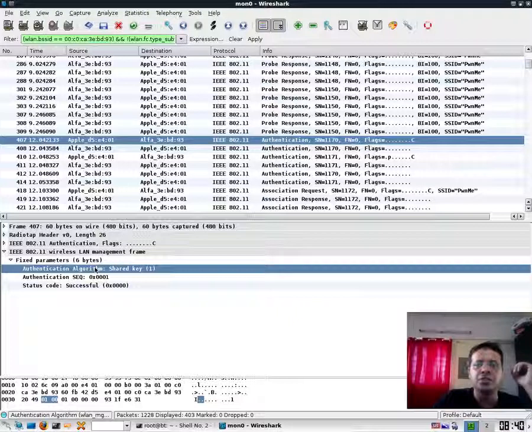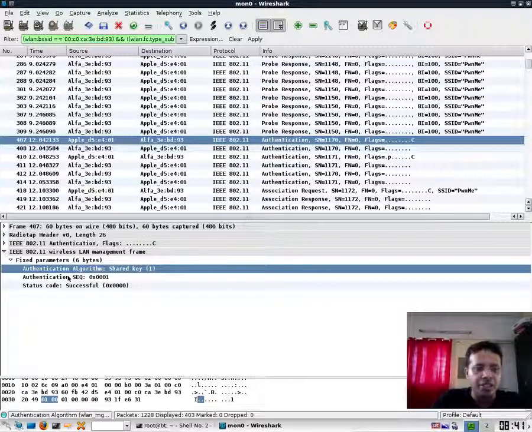So this gives a very good idea that the network configured on the client is using WEP with shared key authentication, right? Because the client is actually saying, you know what, my preferred algorithm is shared key, and it can only do that when it has experienced that before.